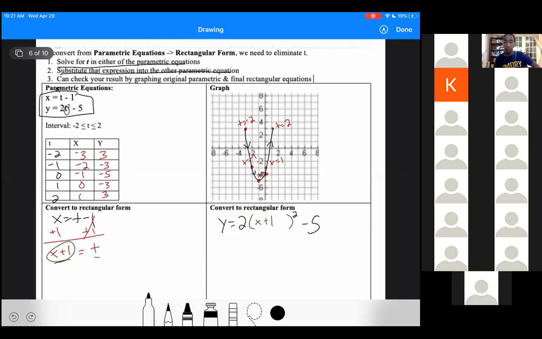Vertex form? Yeah, that's vertex form, right? Because vertex form is a(x minus h) squared plus k, where h and k is your vertex.